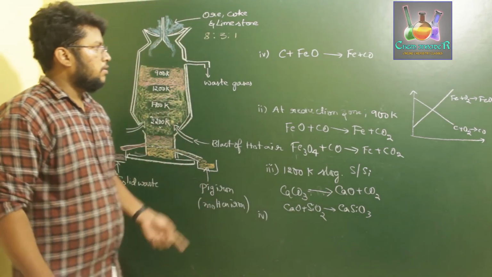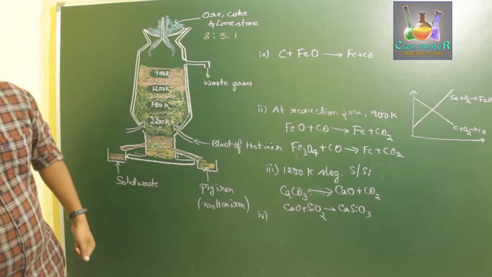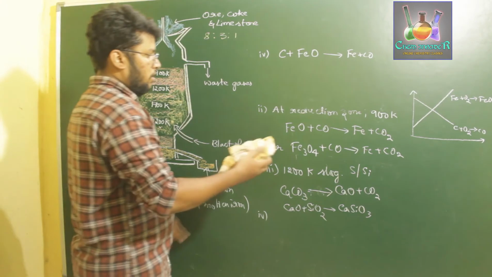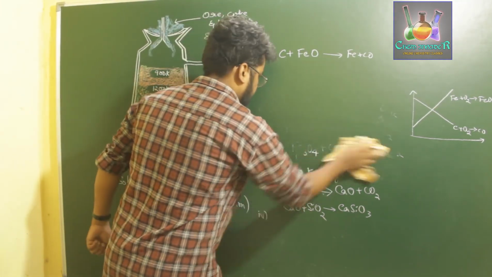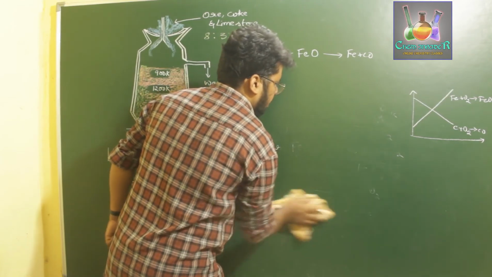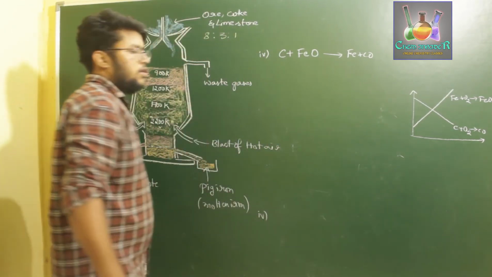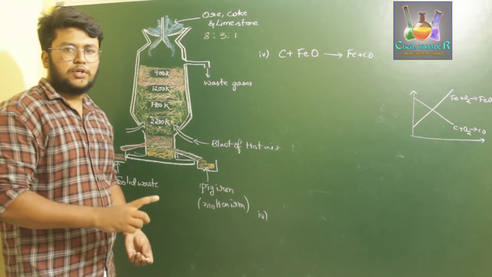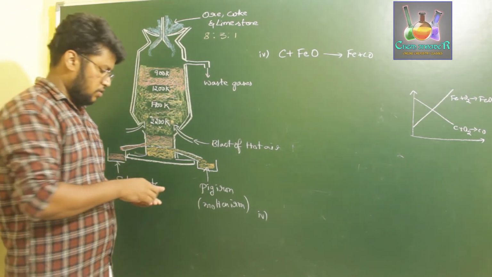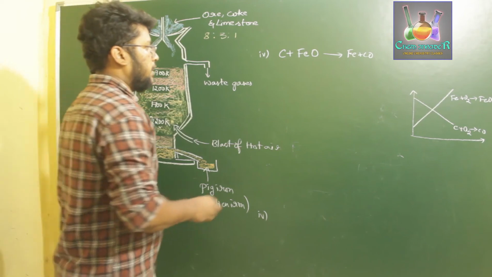Now, for explaining the reduction of FeO with carbon monoxide, let us consider an example: the reduction of FeO to Fe using carbon. This reaction is a combination of reduction and oxidation, so I am going to split it.